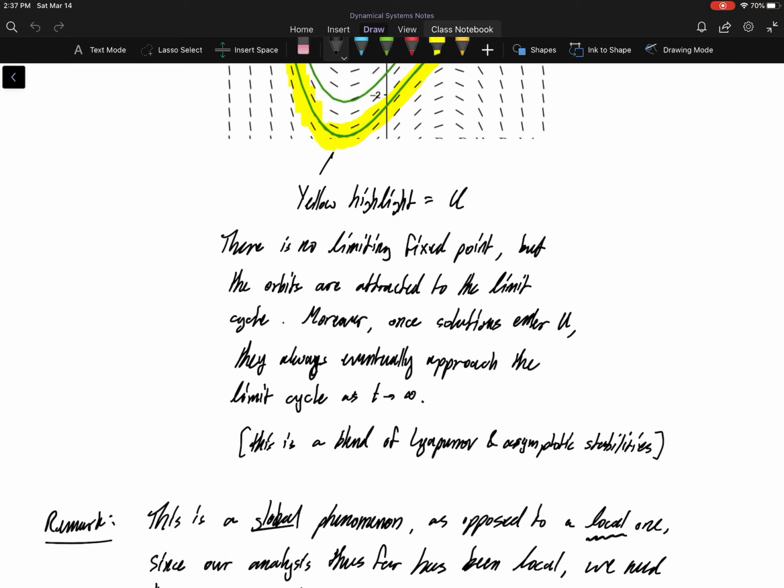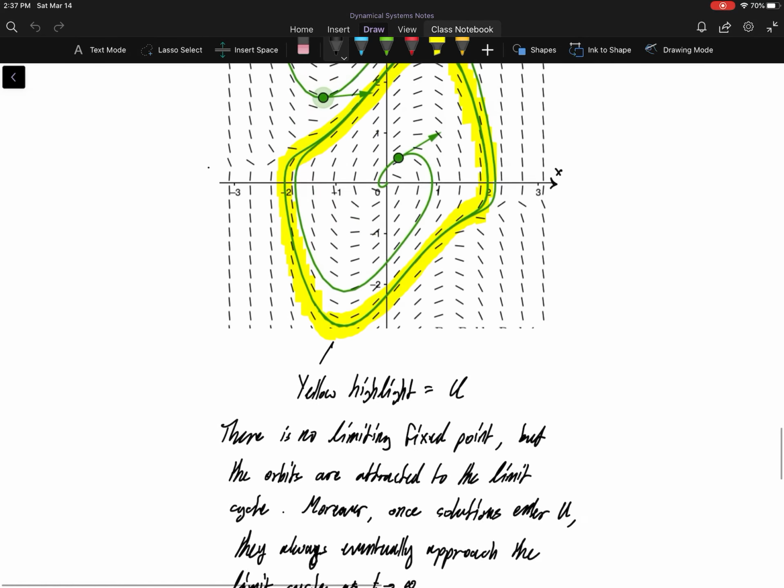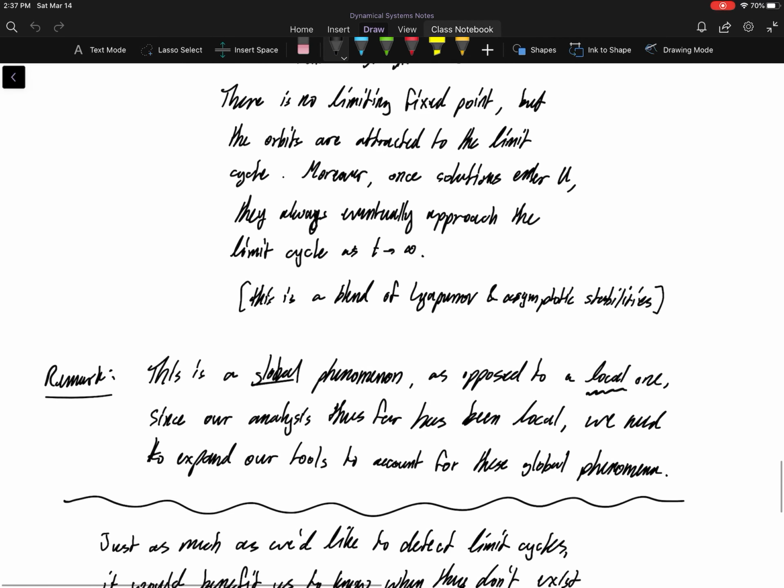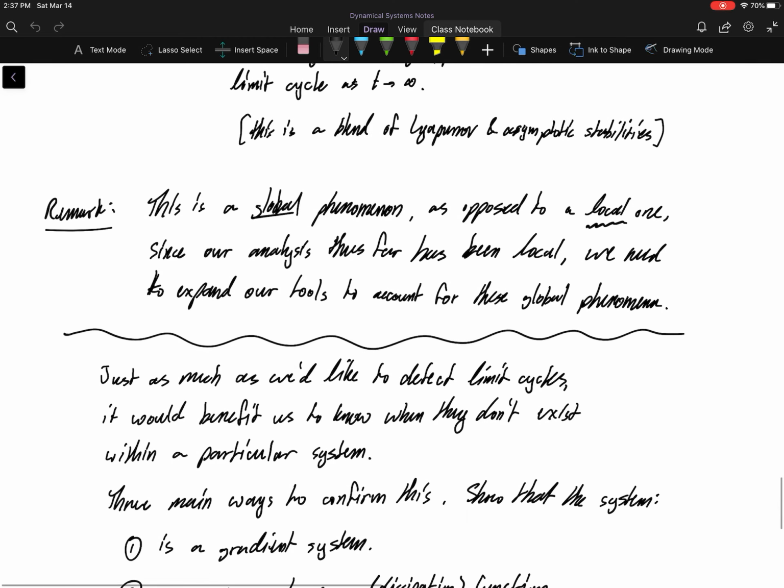If you are asymptotically stable, you are certainly Lyapunov stable, but Lyapunov stable is a bit looser. It's trying to make sure that we're not restricting ourselves just to these fixed point solutions in two-dimensional systems. And the thing that makes it different: asymptotic stability is more of a local phenomenon, and Lyapunov stable is accounting for more of a global phenomenon.